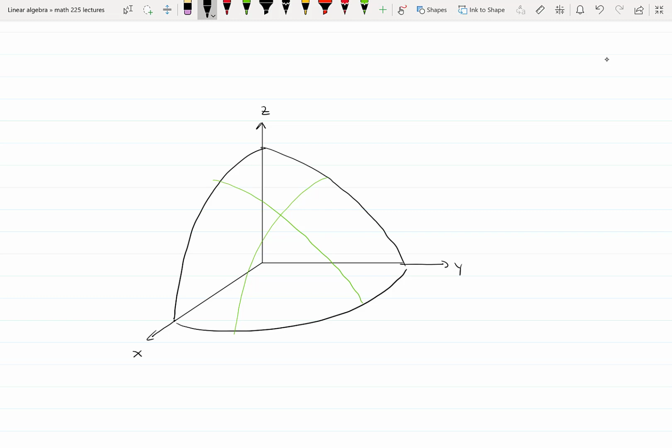So let's take a look at two curves on the surface. One of the green curves is where we've sliced through the surface holding y fixed, and then we can draw a tangent vector to that surface. Let's draw a small red tangent vector, similar to what we did before.